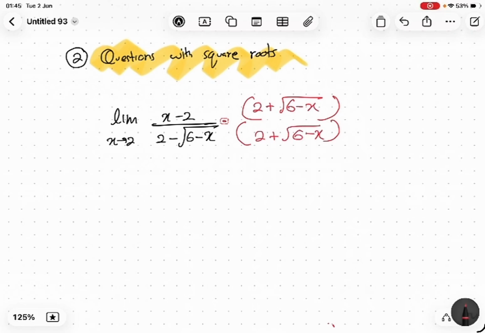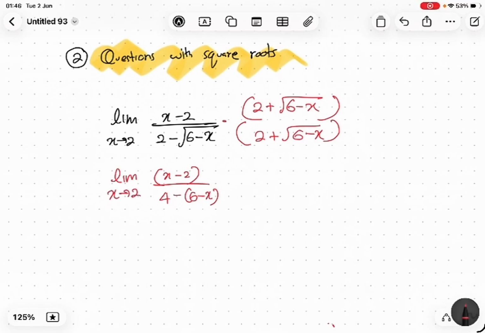Now keep in your mind, when you multiply the denominator by its conjugate, we are always getting the difference of two squares. So very easily we can write that part: x minus 2 over the difference of two squares, 4 minus (6 minus x), when x tends to 2.